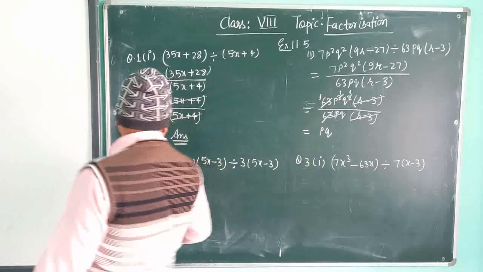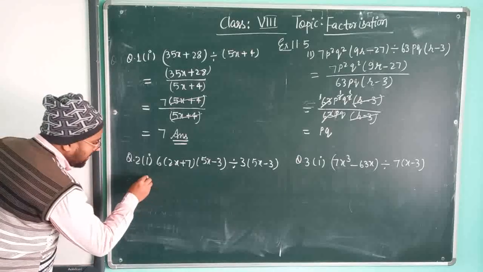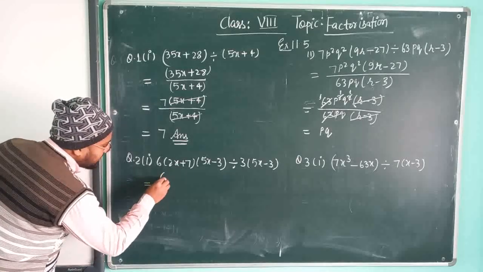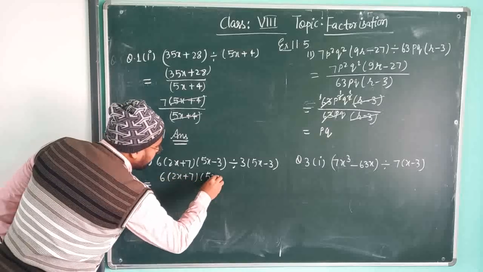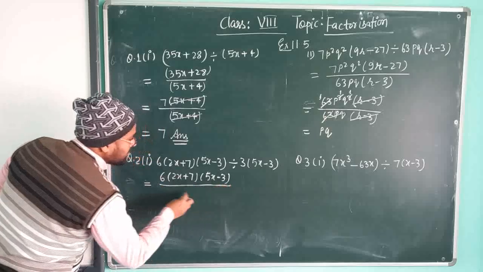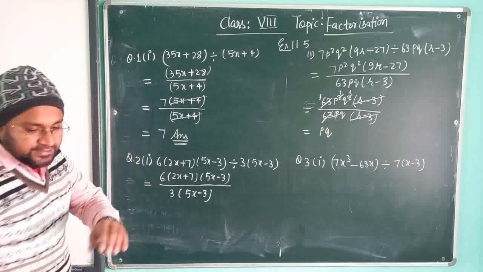Now same as it is, you can see this question number second, first part. I am going to write it in the form of numerator and denominator: 6 in bracket 2x plus 7, 5x minus 3 upon 3 in bracket 5x minus 3. I think it is easy.